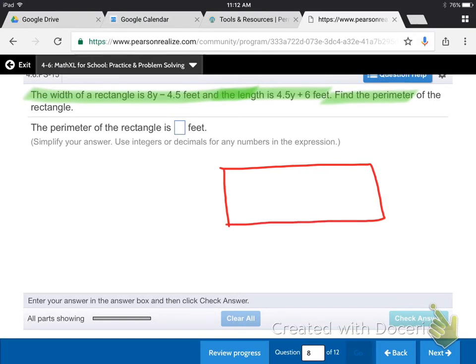We know that the width is 8y minus 4.5, and we know the length, that's a point right there, and we know the length is 4.5y plus 6.